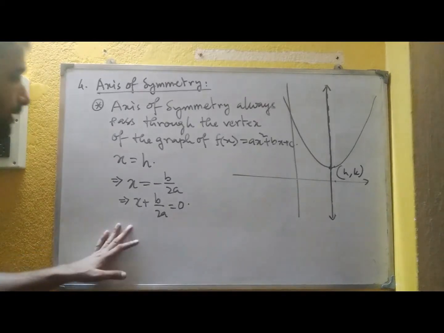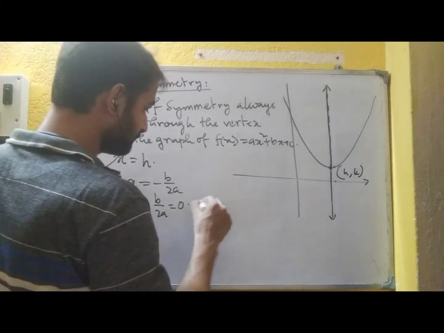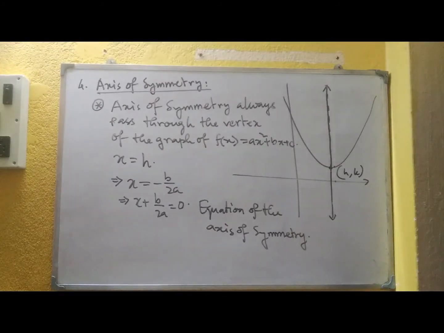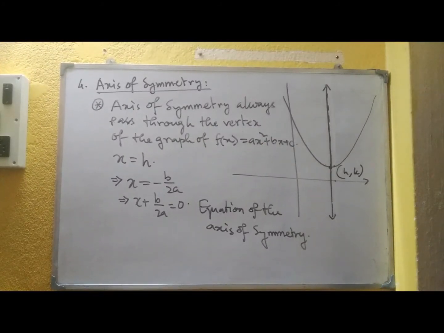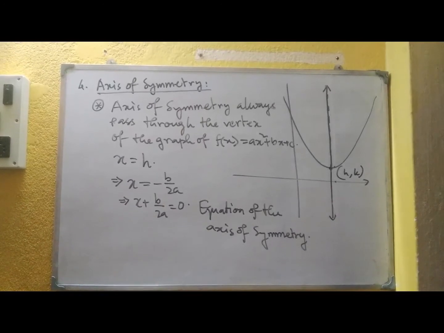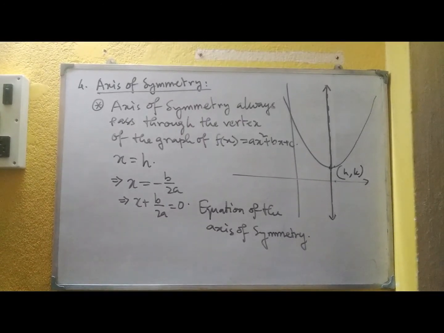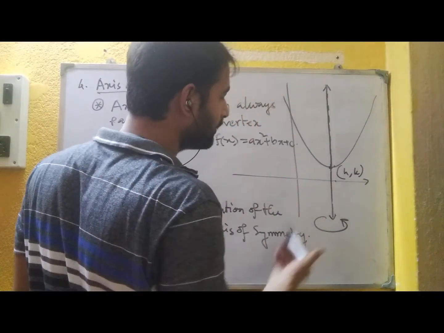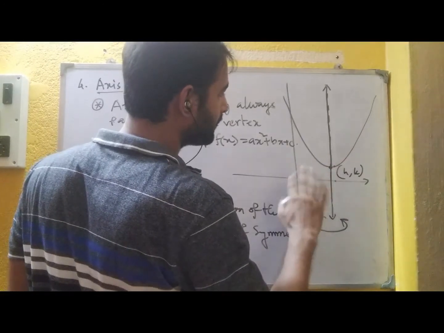So this is the equation of the axis of symmetry. About this line, the picture will be symmetric. If you take the reflection, you will see about this line the picture is symmetric. If you rotate the graph about this line, you will see it remains the same.